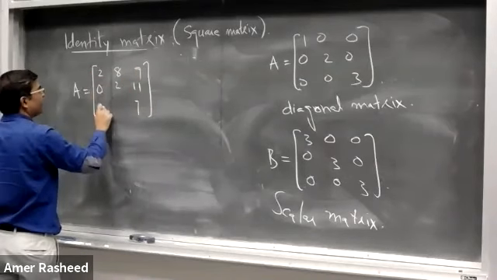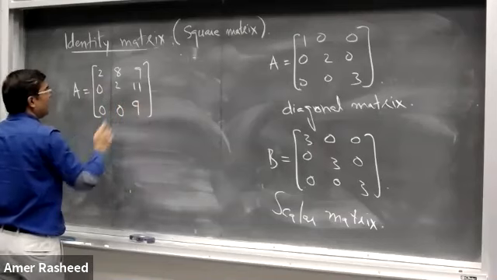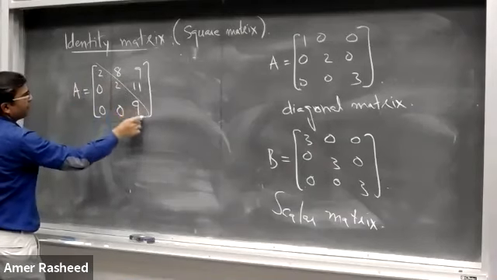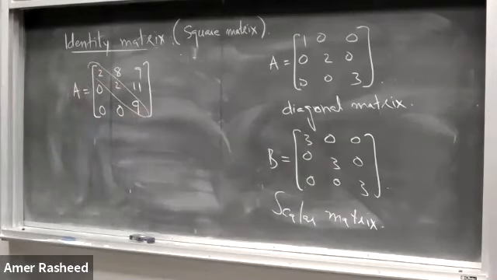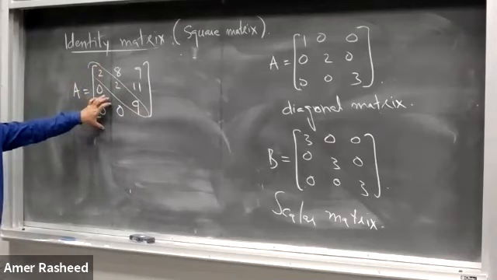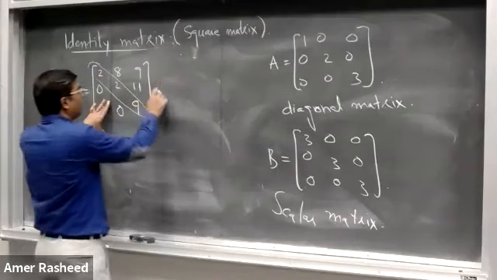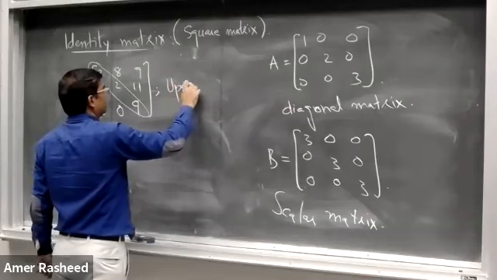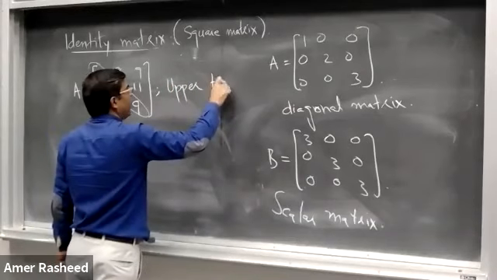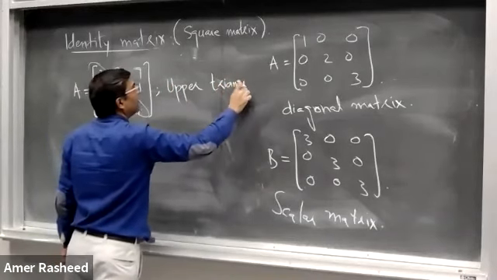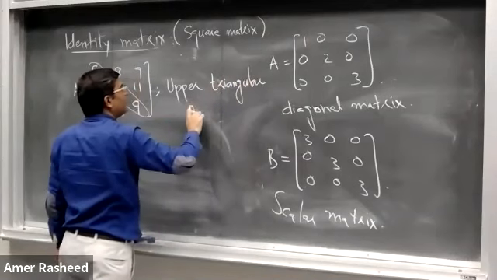The entries below this diagonal are all 0, then we call it an upper triangular matrix.